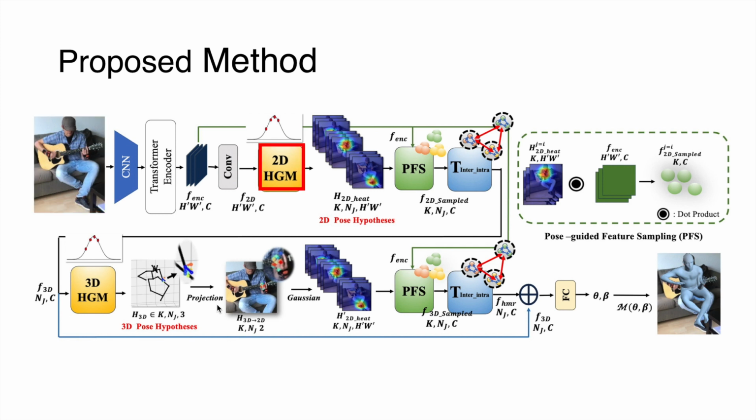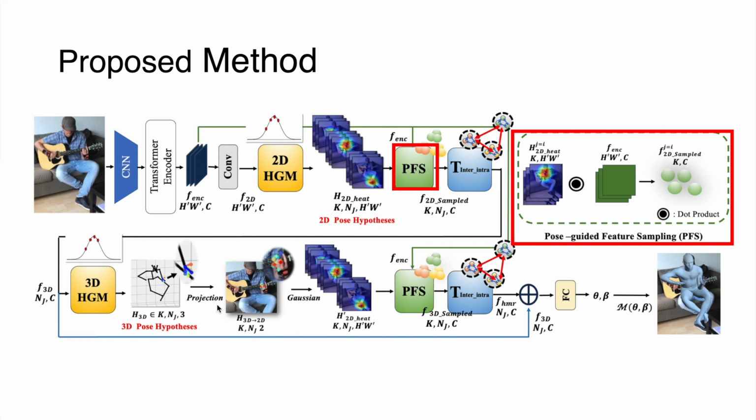Then, it will be directed into a hypothesis generation module to generate 2D pose hypotheses in the 2D heat map representations. Here, K represents the number of hypotheses, and N subscript J denotes the number of joints. The details of HGM will be illustrated in the next slides.